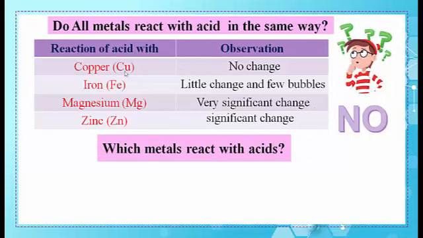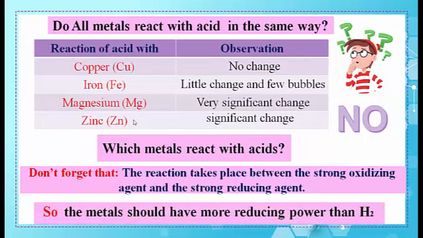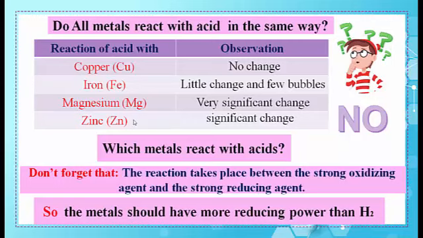Copper does not react with the acid, while iron, magnesium and zinc react with the acid. Don't forget that the reaction takes place between the strong oxidizing agent and the strong reducing agent. So the metals should have more reducing power than H2.